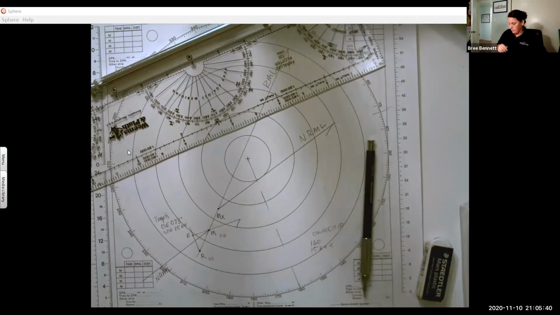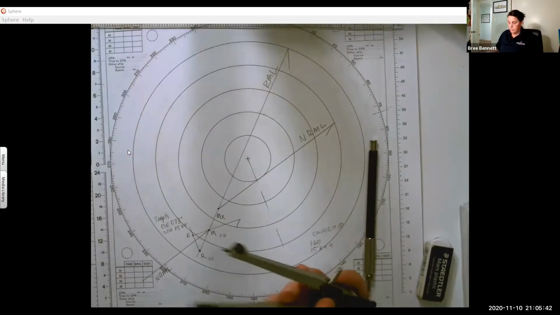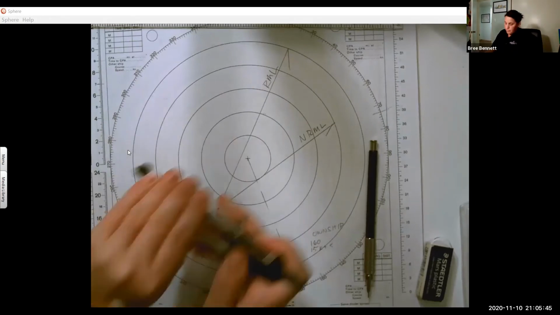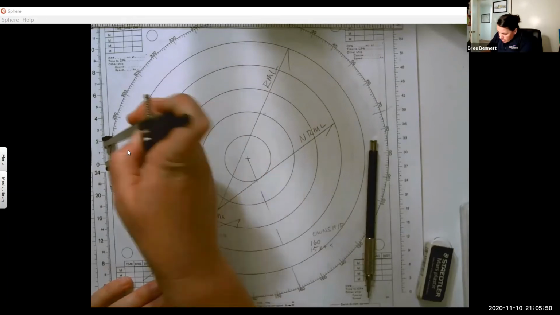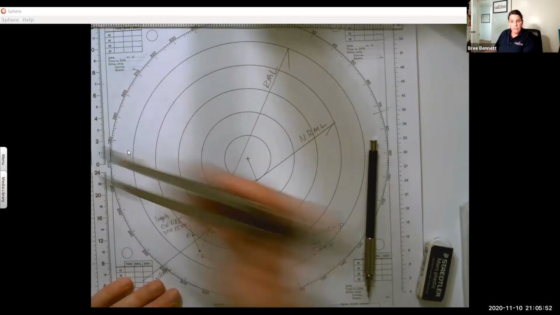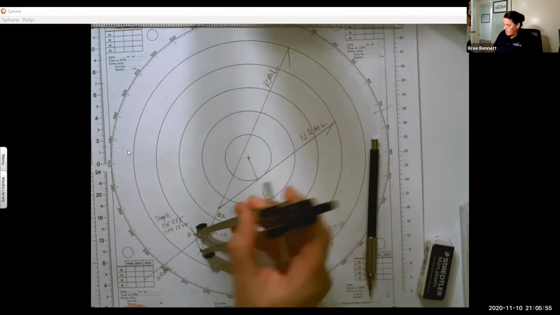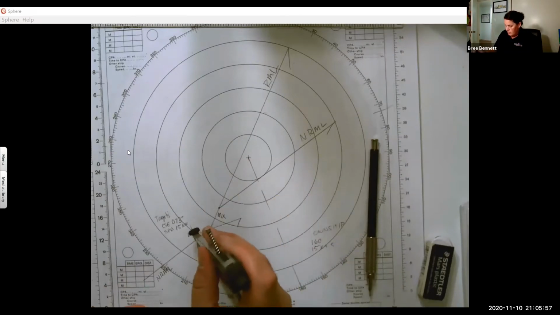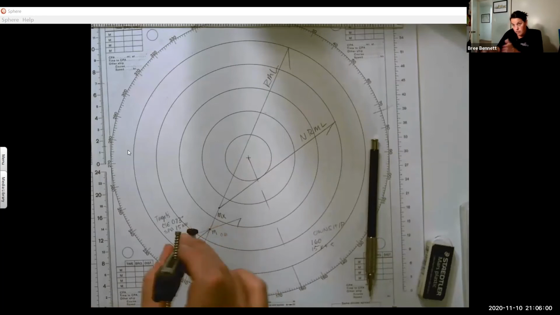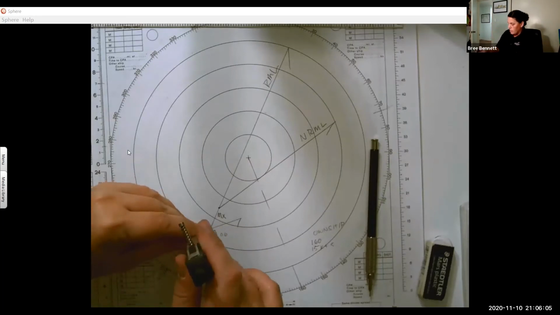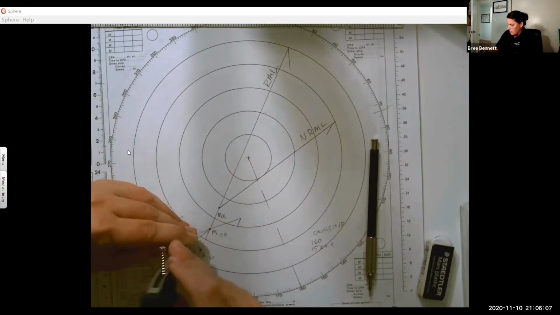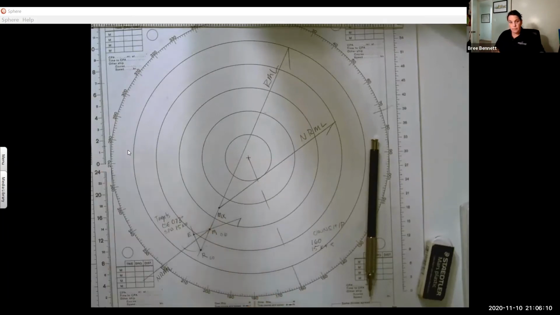And then if I want to change course, I keep the distance of this vector at 15, or 1.5 for my 15 knots. And I turn it clockwise, which is going to be to starboard, right? If we turn to starboard, we're turning clockwise. So I'm going to move my little dividers here clockwise, for my turn to starboard.